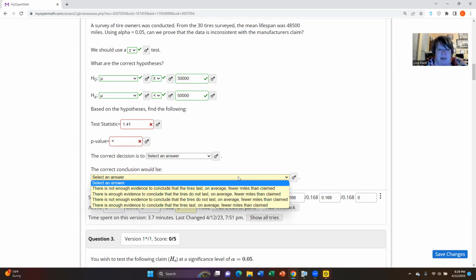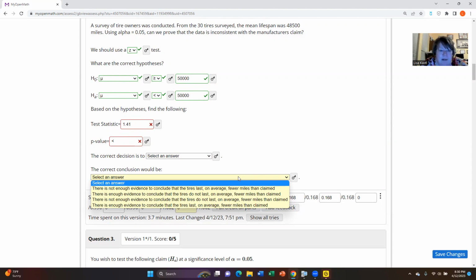That pretty much is it, I think. There is enough evidence. No, there's not. You're not rejecting the null hypothesis, so there's not sufficient evidence. There is enough evidence, excuse me, that's not correct.